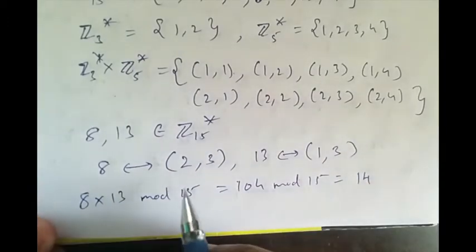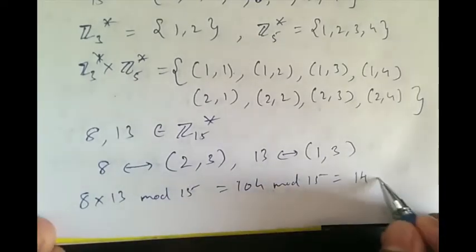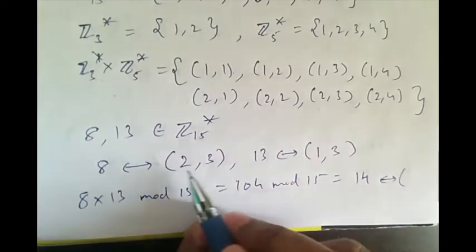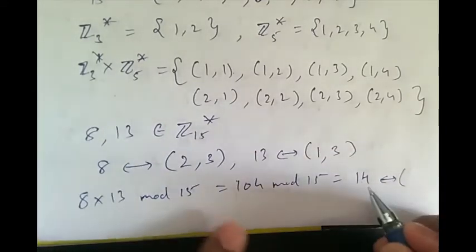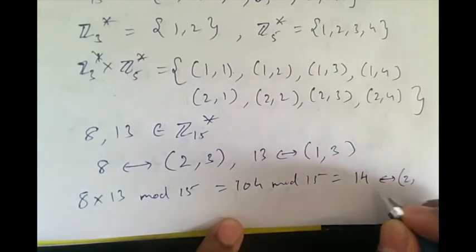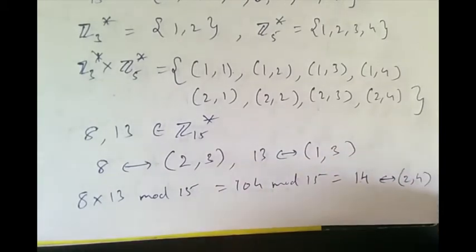Now let's look at the mapping of 14. 14 mod 3 is 2, and 14 mod 5 is 4, so it's (2,4).